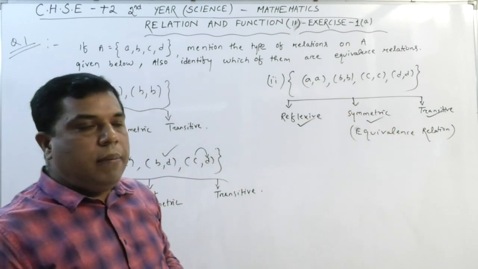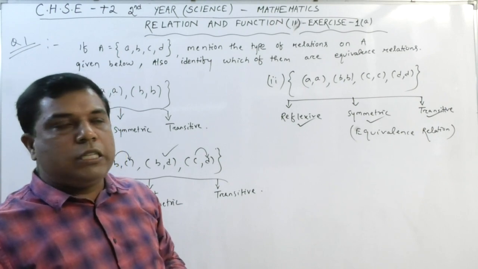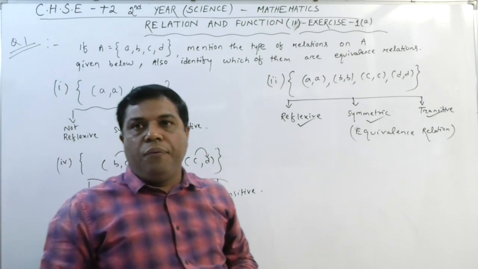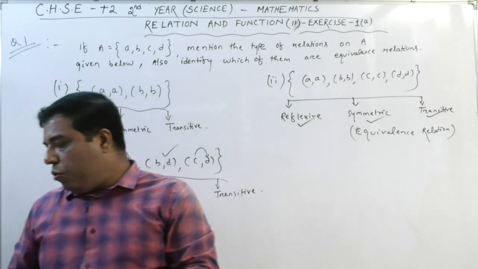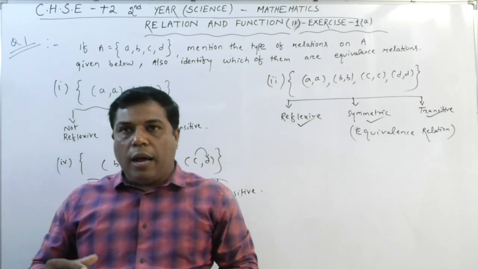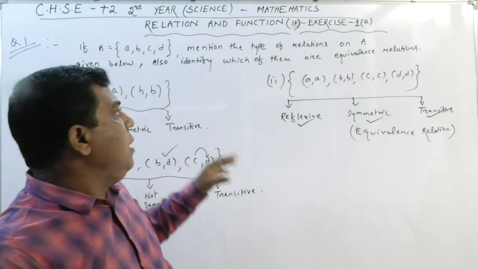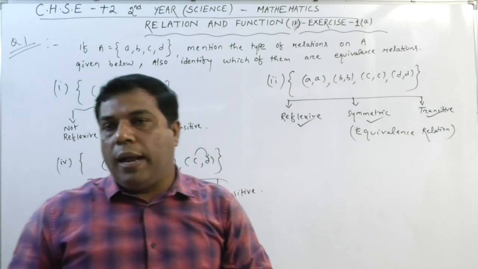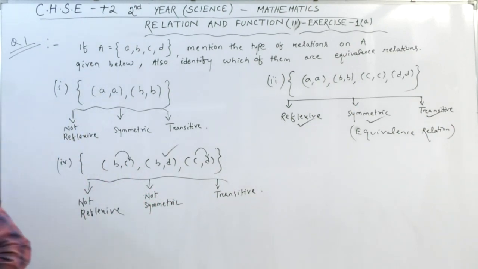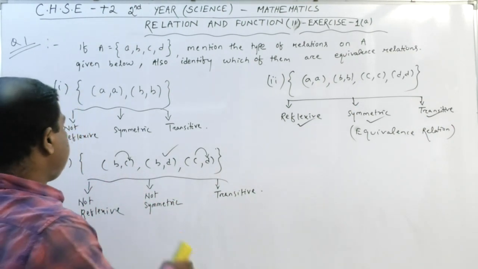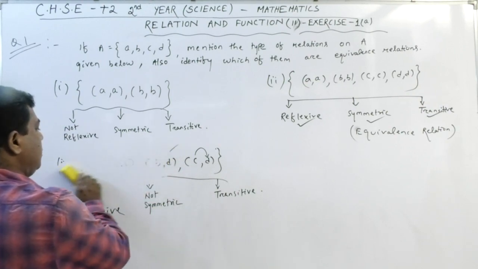You can go through them and specify what type of relation it is. Next we will move to the second question. I hope you understand question number 1. So I am cleaning the board and we will go for question number 2.